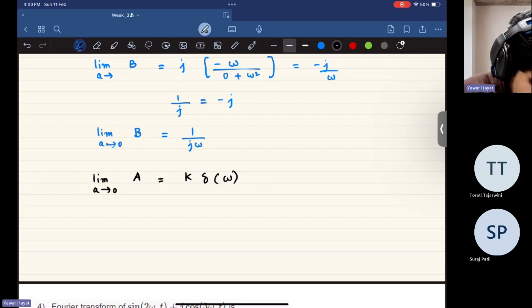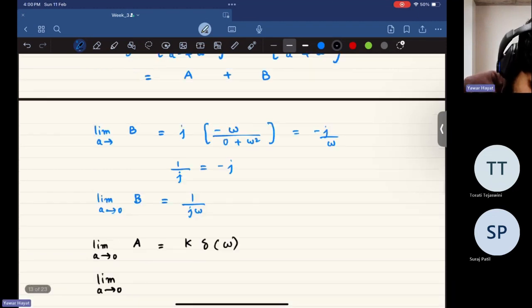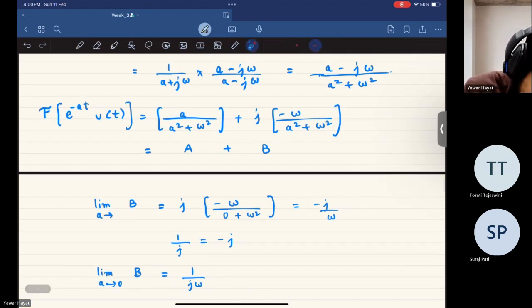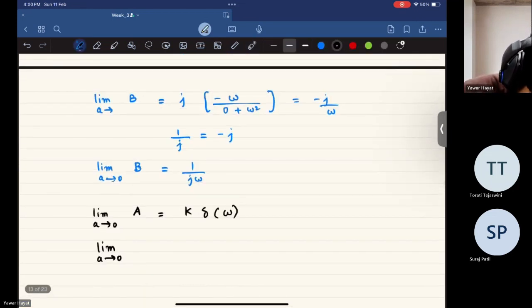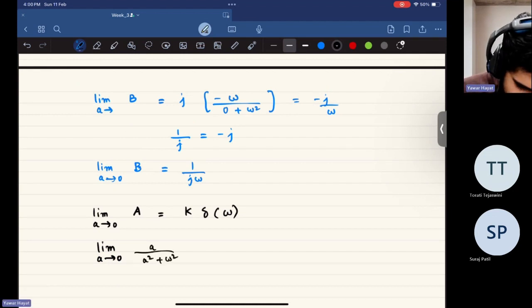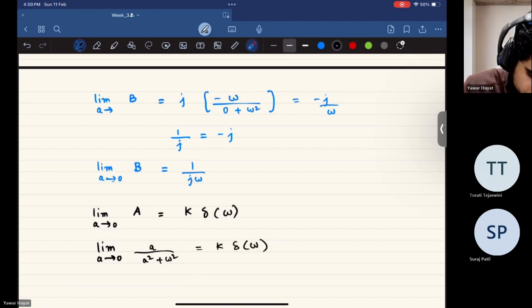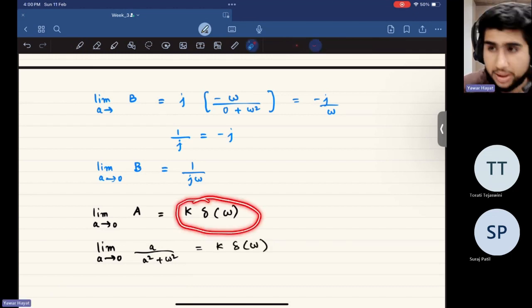Now what I would do is I'll write this limit a tends to 0. This capital A is this one, a by a square plus omega square, a del of omega. I hope the motivation for this part is clear.